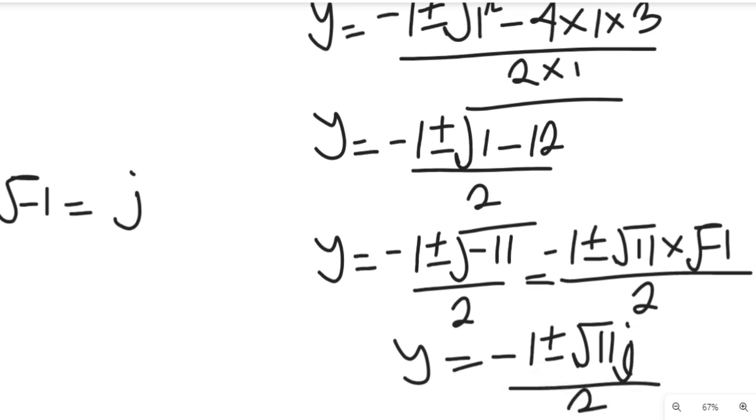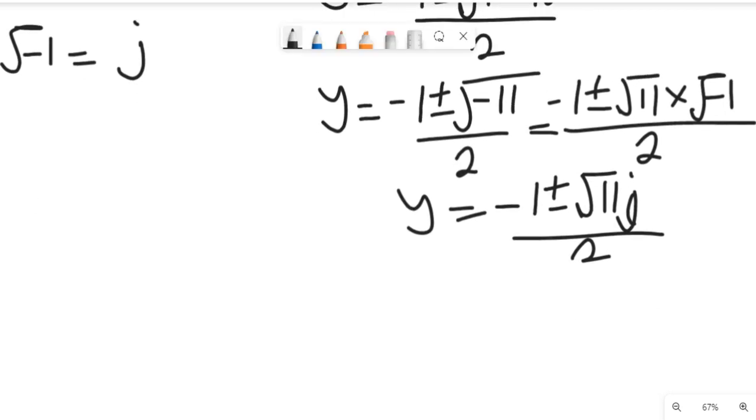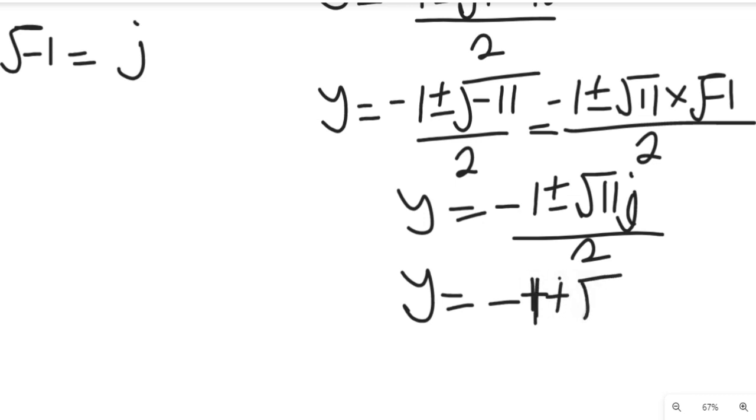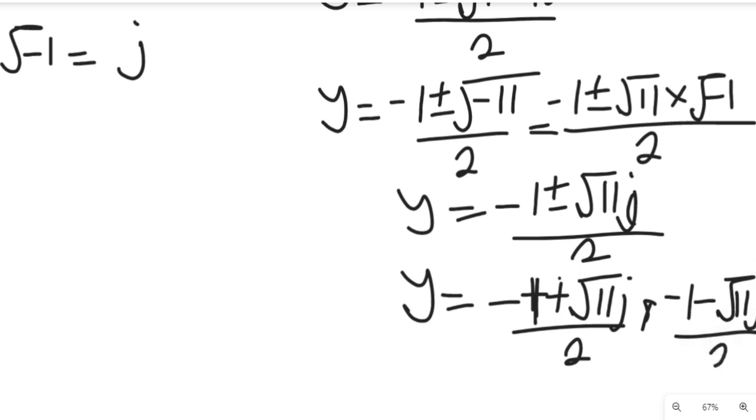divided by 2. Now, having gotten this, we are going to note something. This whole value is going to give us a non-real solution, because we have minus 1 plus square root of 11j divided by 2, and we'll have minus 1 minus square root of 11j divided by 2.